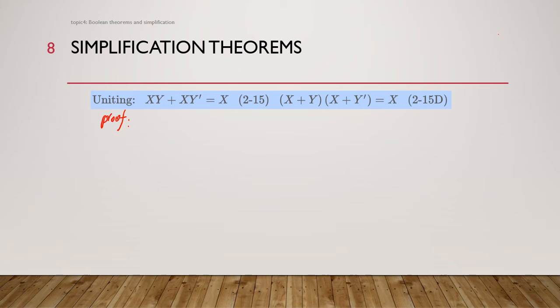Okay, so starting from the left, x and y, or x and y prime. If we apply the theorem we talked about before, which is 2-11, the distributive law, this can be put as x and (y or y prime).